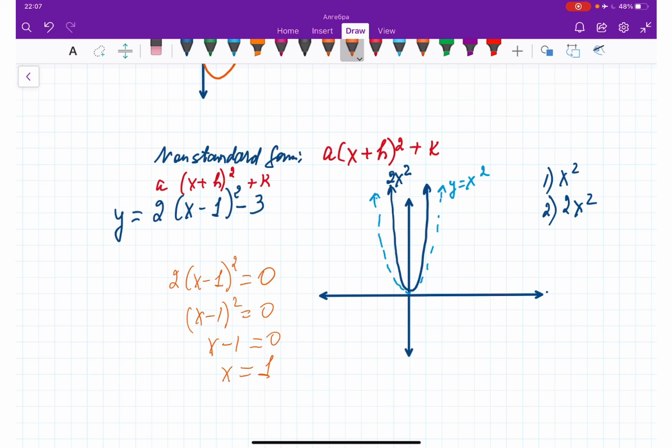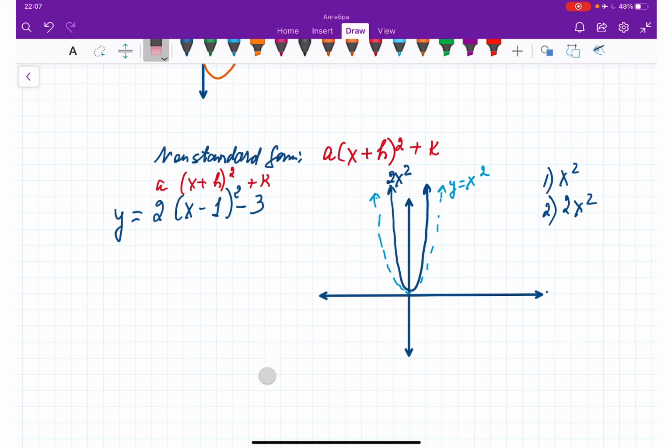Okay? So therefore, if it's given negative 1, we are shifting towards positive 1. If it's given positive 1, then we are shifting towards negative. So we always move to the opposite sign.